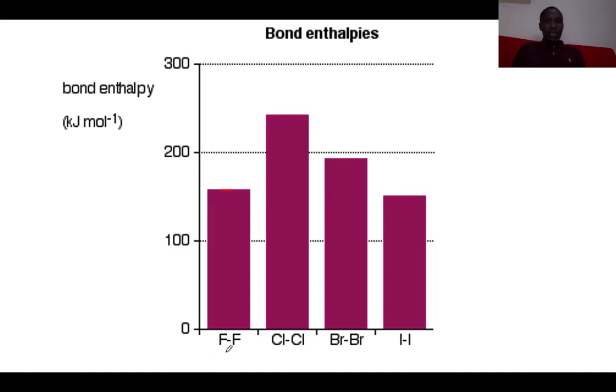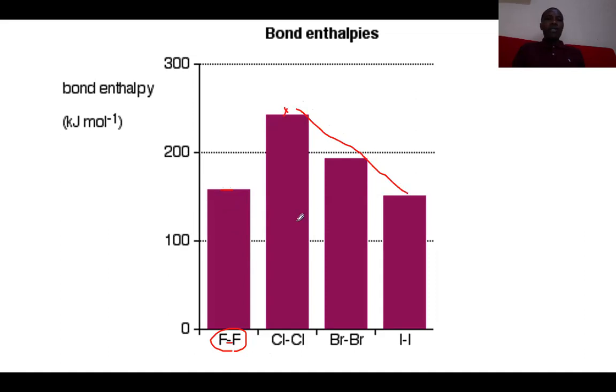Now, look, bond enthalpy, first of all, is that particular energy required to break this particular bond, the covalent bond between those atoms, between the two atoms. So we see that the one for fluorine is lower than expected, but starting from chlorine, the general decrease is evident enough. So that is the general information.